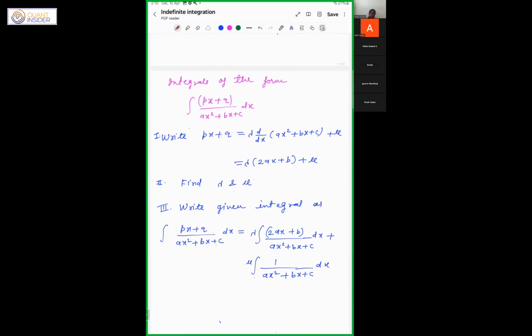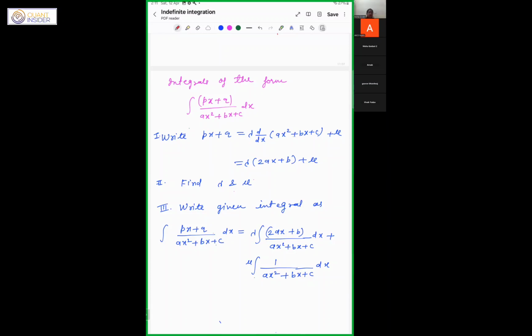Integrals of the form px plus q upon ax square plus bx plus c. In the previous formula, you can easily integrate if you have a function in the numerator which is the derivative of the function in the denominator. But it is not possible in all cases.